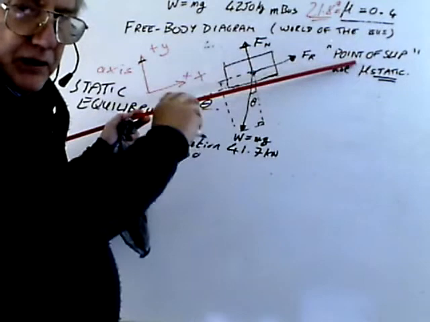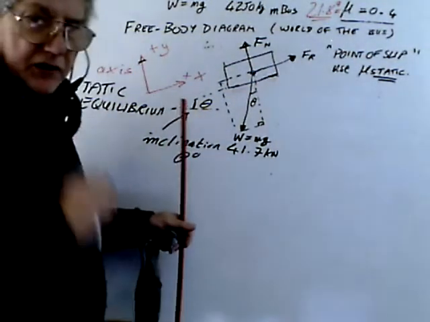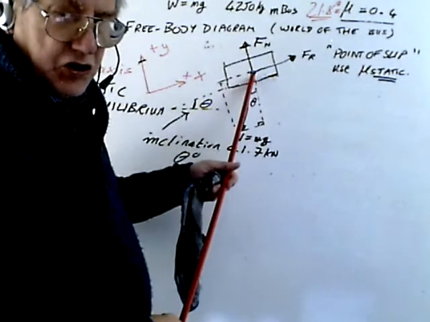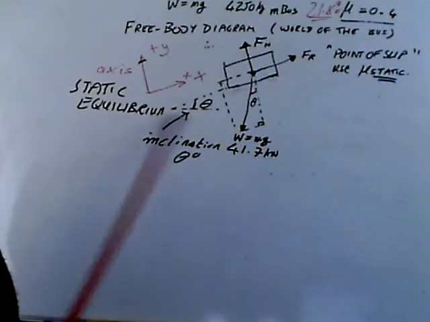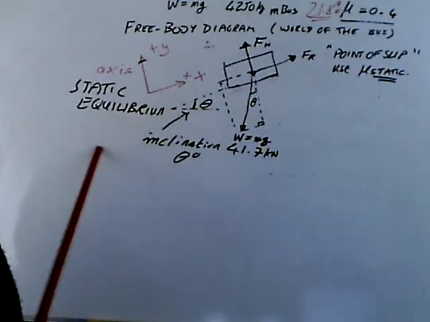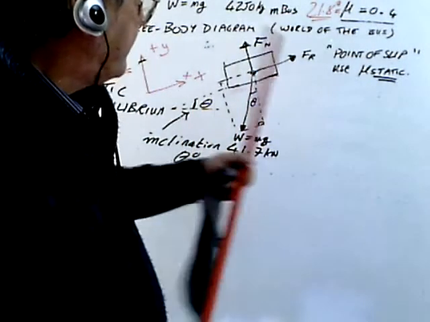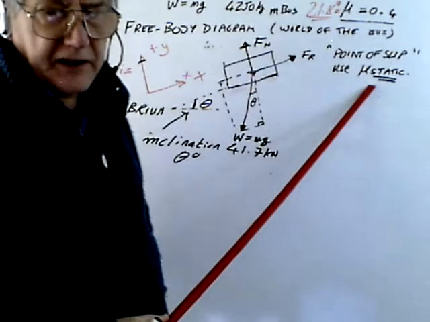If it is slipping, we don't use this analysis; we use kinetic friction. But if it's not slipping, it's stationary. It's what we call static equilibrium. The body is in a state of static equilibrium. Static means stationary. It's not moving. So the coefficient we're using is a static coefficient.